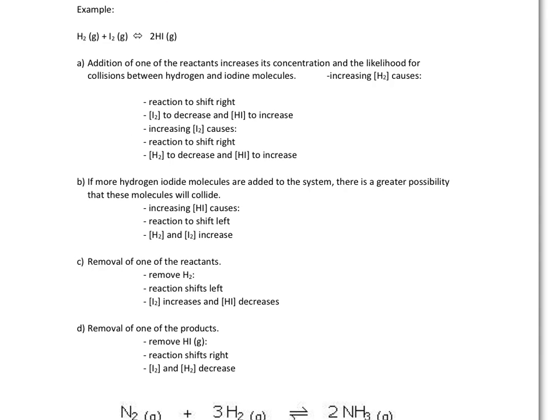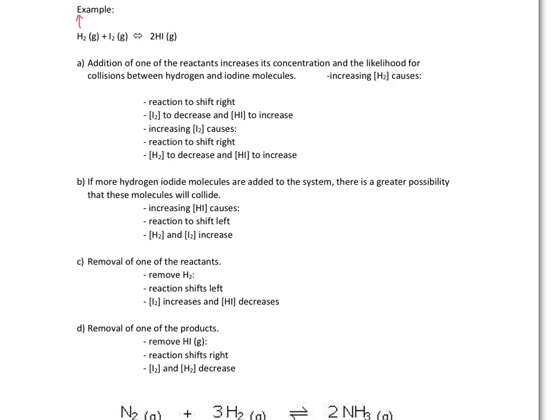Let us look at the equilibrium that's established when hydrogen and iodine react to create hydrogen iodide. For this example, let's say that the stress caused on the system was an increase in the concentration of hydrogen. According to Le Chatelier's principle, when a stress is given on a system, the system will shift to oppose the stress.